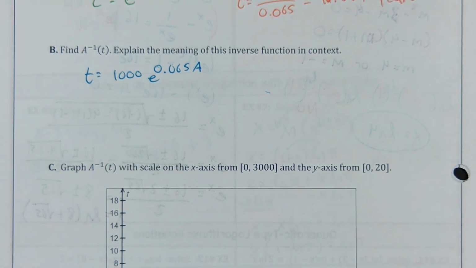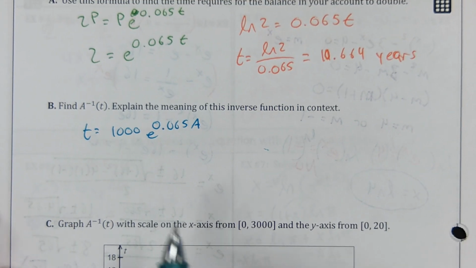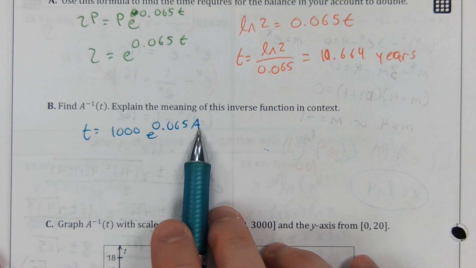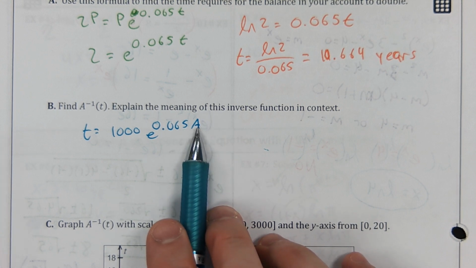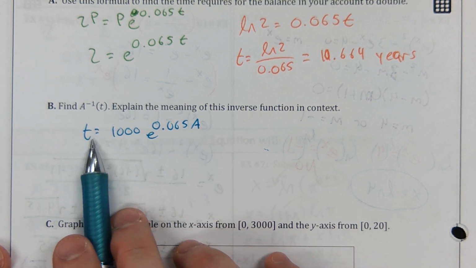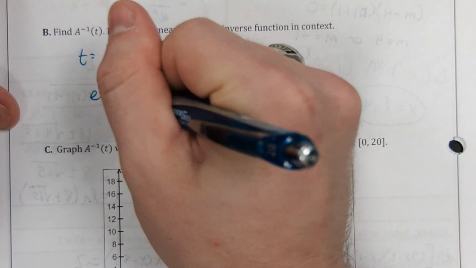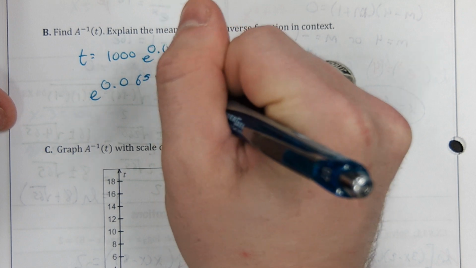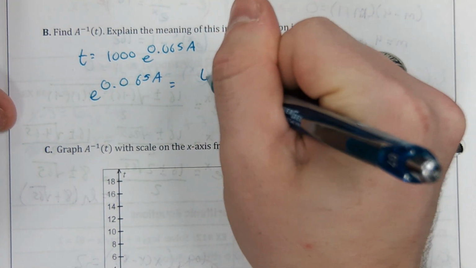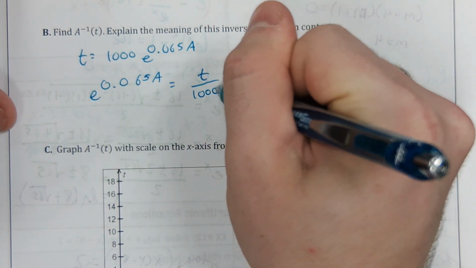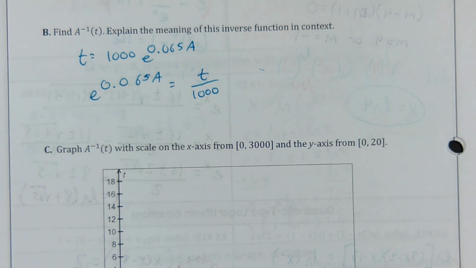So in order to solve for a, we're going to do the same thing we did a moment ago. We're going to divide by that principal first, trying to get the a alone, and at the end, that'll obviously be A inverse of t, because now t will be our variable again. So we divide by 1000. e to the 0.065a is t over 1000. Now what?